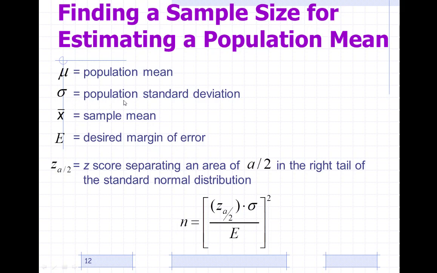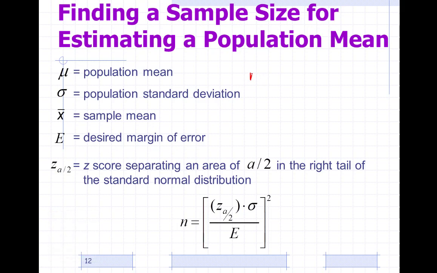Now, we don't know the population standard deviation most of the time, so we can estimate it using the range rule of thumb. And if you remember, the range rule of thumb means we're going to take the range. Let me get a pen here.